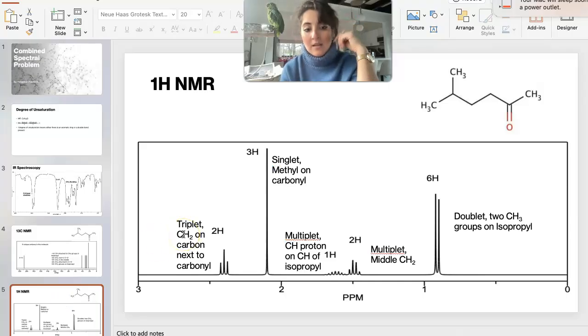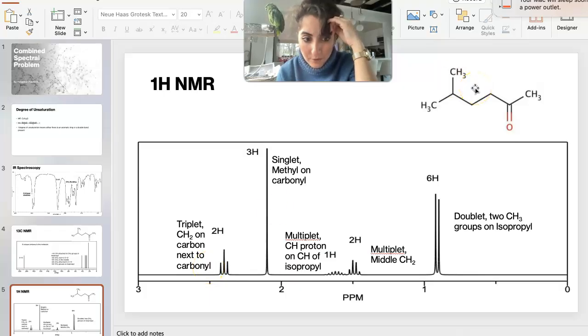Last but not least, looking at my proton NMR, I was able to find that the waveforms here at around 2.3, 2.4 are a triplet set.